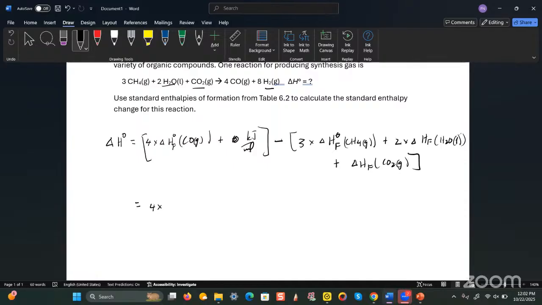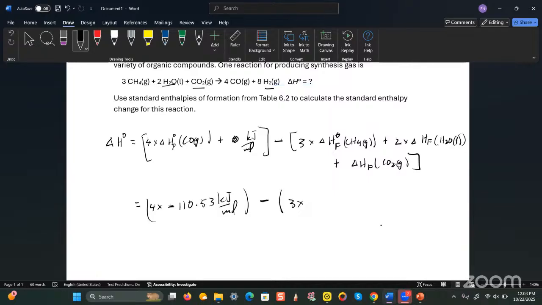So negative 110.53, and that would be kilojoules per mole. All right. And this will be 0, so I'm just going to put this in parentheses like this. And then now let's deal with the other side. 3 times the enthalpy of formation of methane.